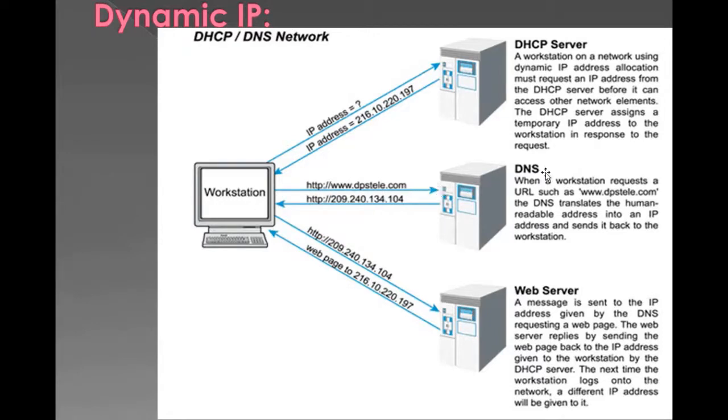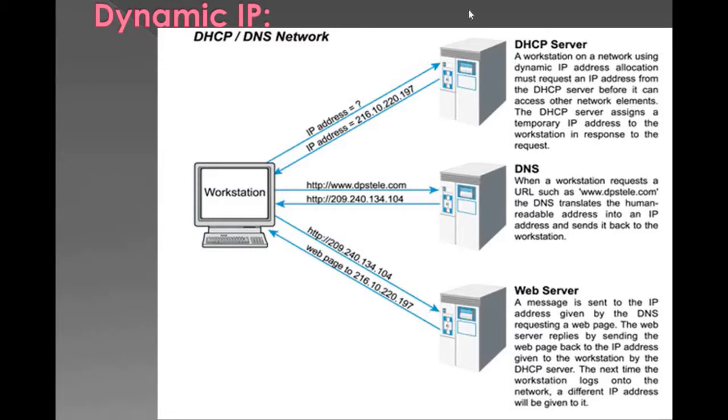The web address then goes to our DNS server. The DNS server replies with the static IP address of that website. The user is then redirected to that server using the IP address given by the DNS server, and the web server sends back the web files, the homepage file of that website, to this IP address, which currently belongs to this user or the workstation.